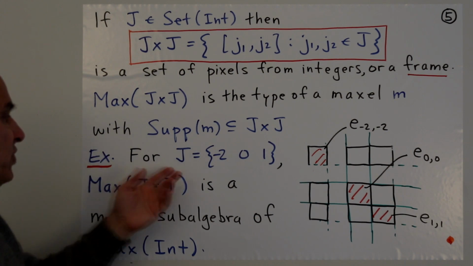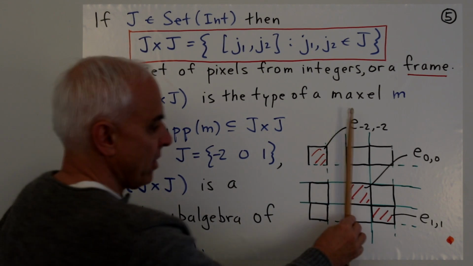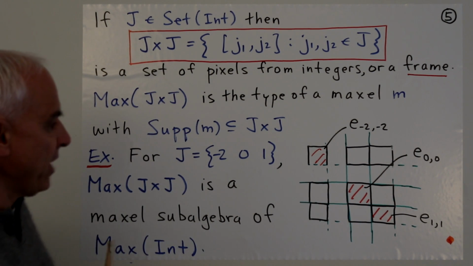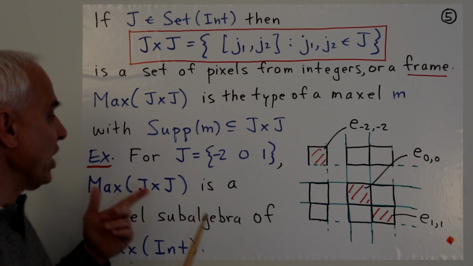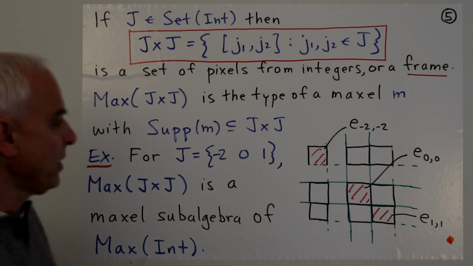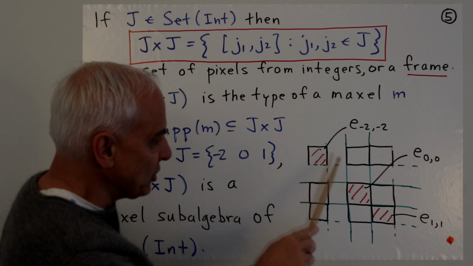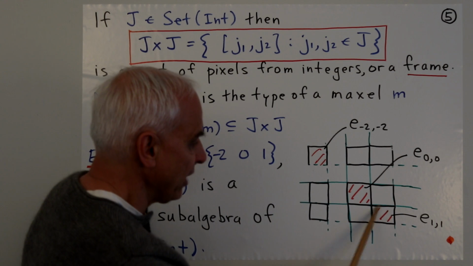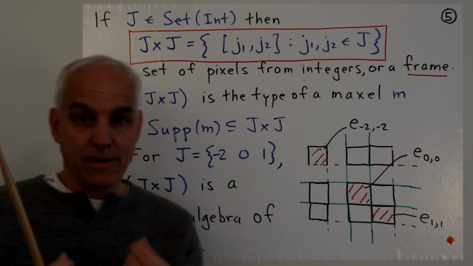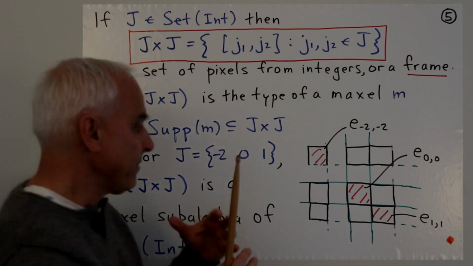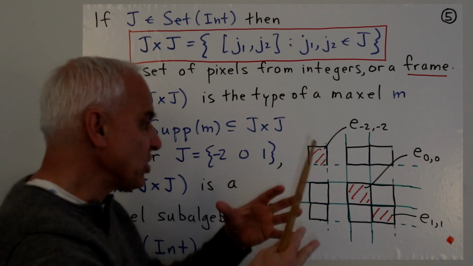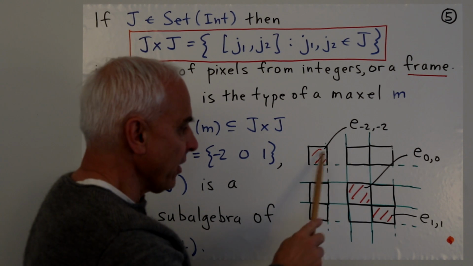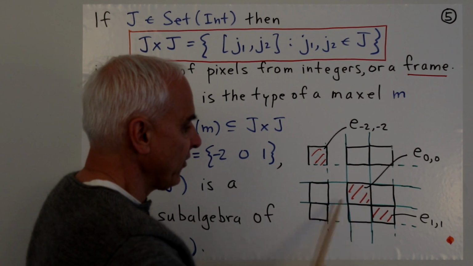So with our example of J equals minus 2, 0, 1, here are our standard lines. So there's the 0, 0 position. Then the J cross J frame looks like what? Well, first of all, here's E minus 2, E 0, 0, and E 1, 1. So here are the basic entries, the diagonal entries that define E sub J. And then the positions that correspond to columns and rows are just these ones here: 1, 2, 3, 4, 5, 6, 7, 8, 9.